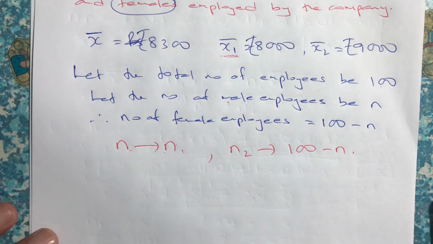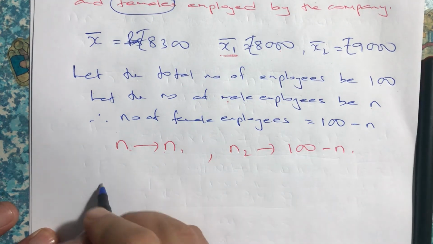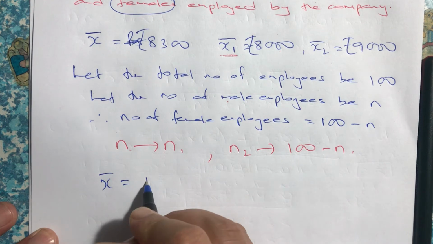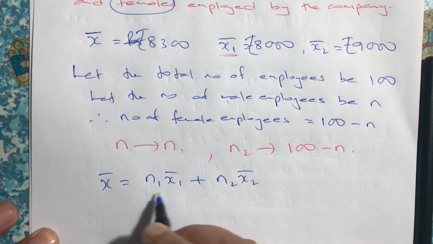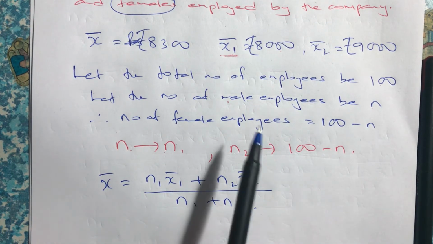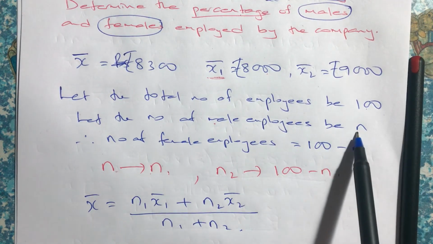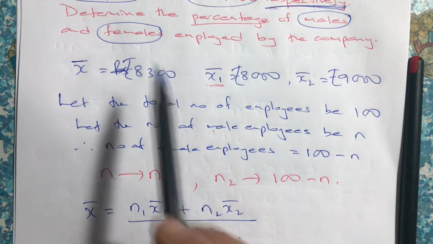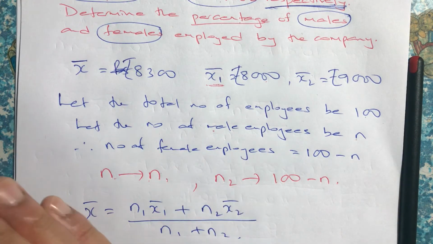So what was the formula for the combined mean? The combined mean is equal to n1 x1 bar plus n2 x2 bar divided by n1 plus n2. I hope you have understood why I took n to be n1. We assumed the number of male employees to be n, and since there are two different categories, we have labeled them 1 and 2.